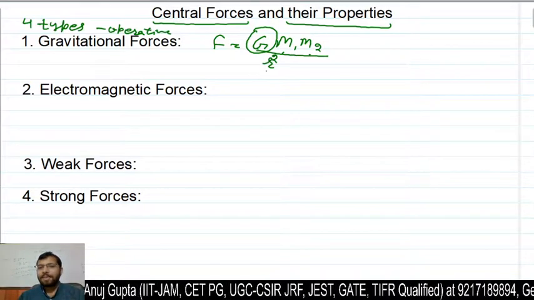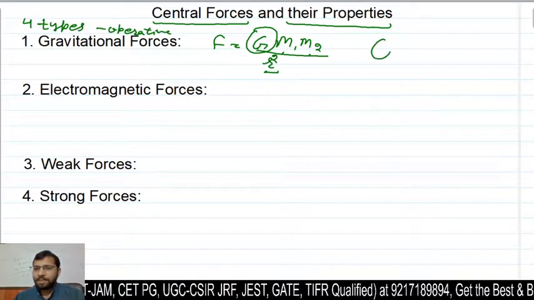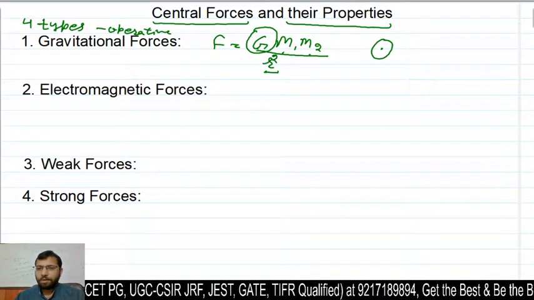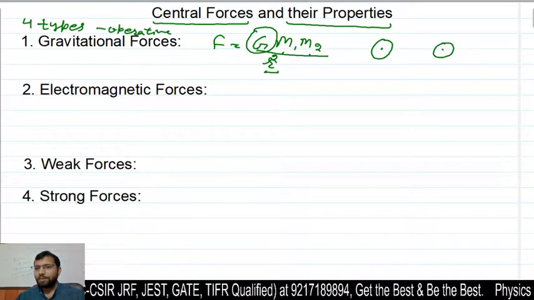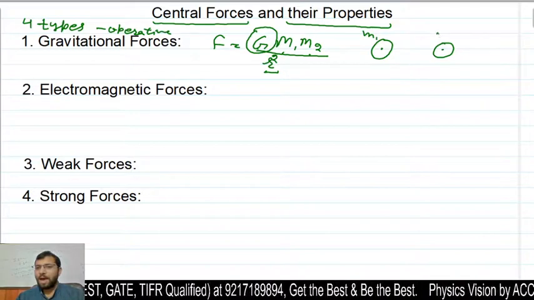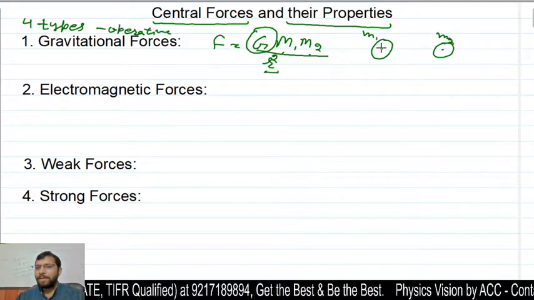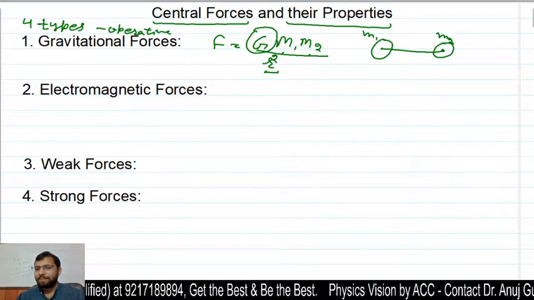Okay, r is the distance between them. Between them means center of one mass, and this is the center of second mass m2. So when we say r is the distance between them, it basically represents the distance between their centers, a straight line joining their centers.